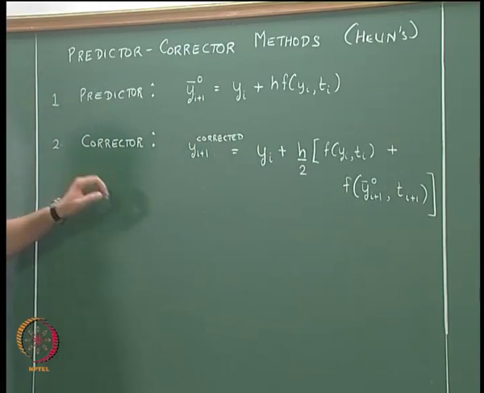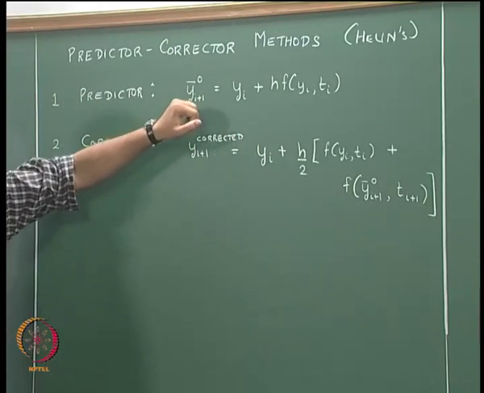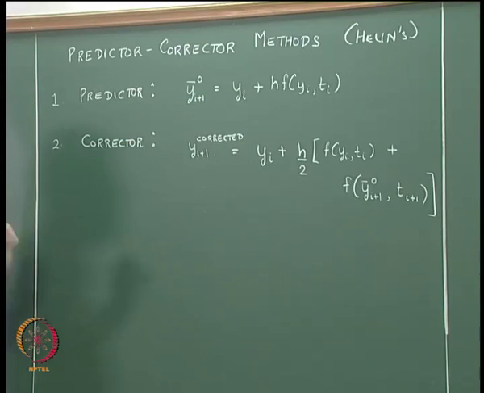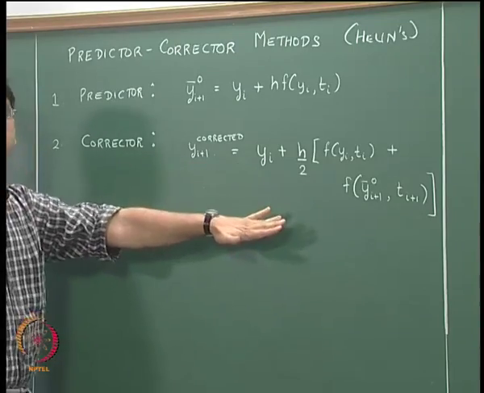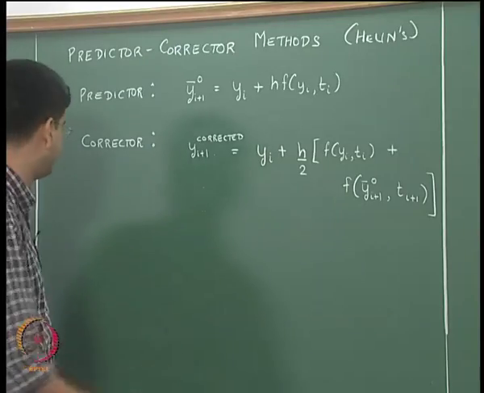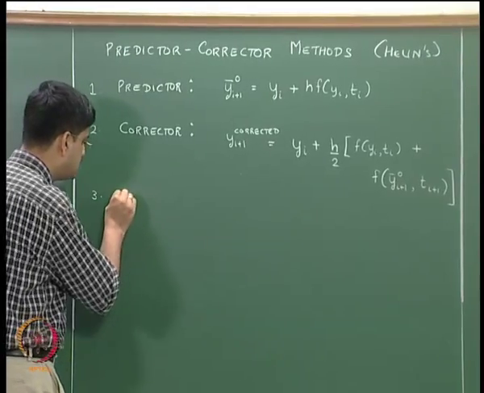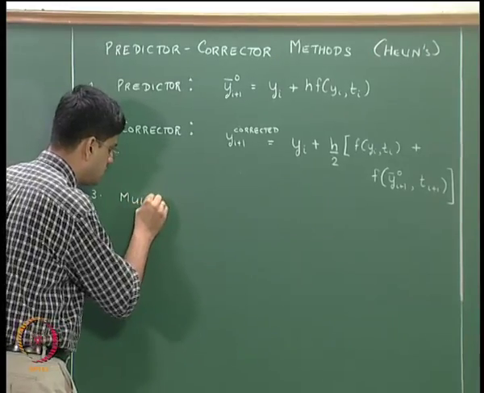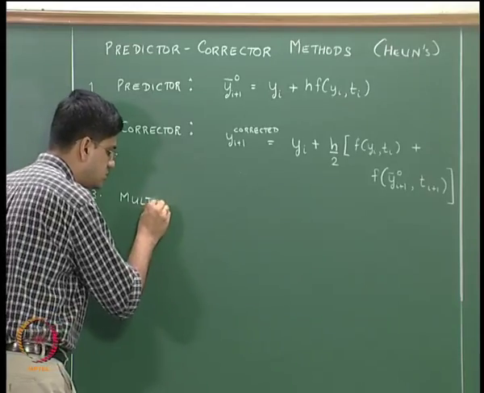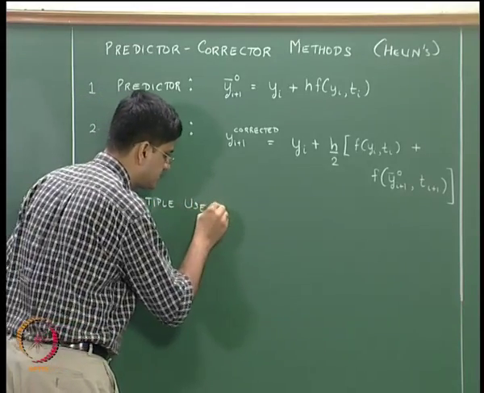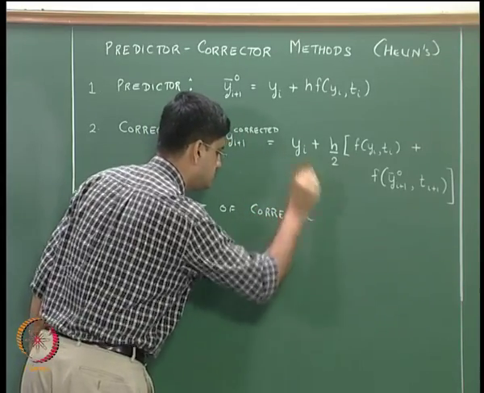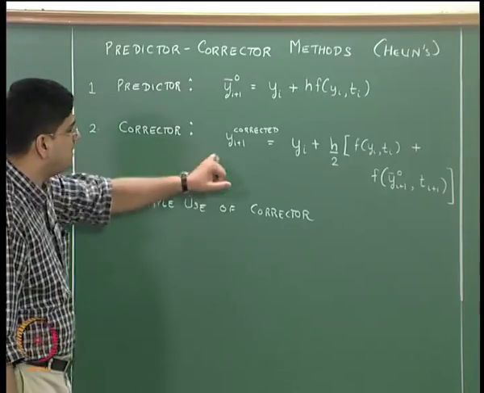Now, if we stop at this point, the result that we get from Heun's predictor-corrector method is the same as the result from the RK2 method, but we are not going to stop at this point. We are going to use the corrector multiple times. So, the third item is the multiple use of corrector. What do we mean by that?